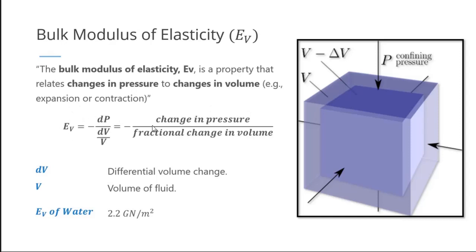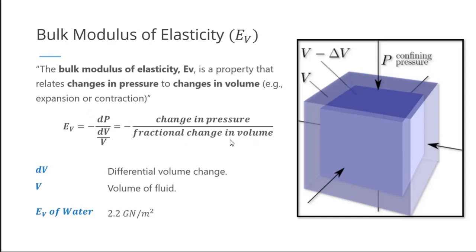So we have this formula, EV is equal to, we denote a negative sign since it is inversely proportional to the pressure. So EV is equal to negative change in pressure divided by fractional change in volume.